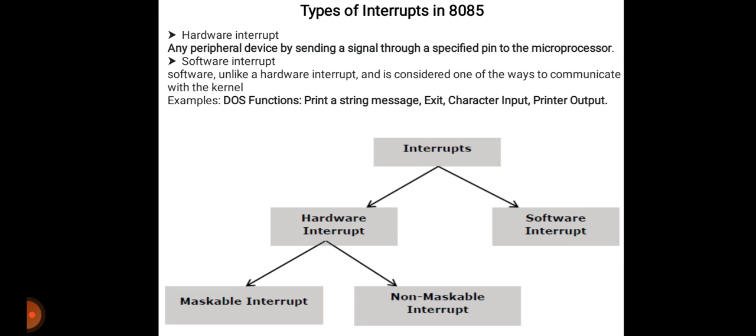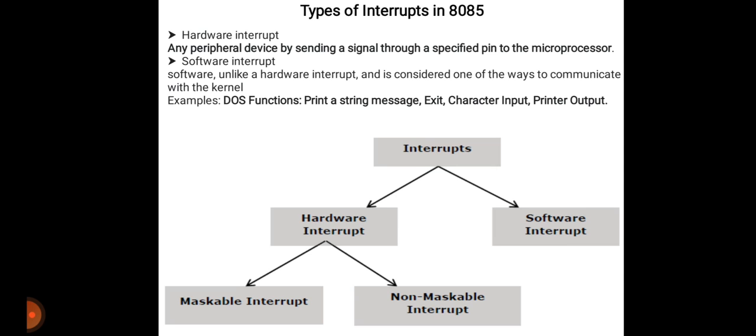Upon completion of the subroutine, program control returns to the main program. Examples of software interrupts are DOS functions: print string message, exit, character input, printer output, etc.